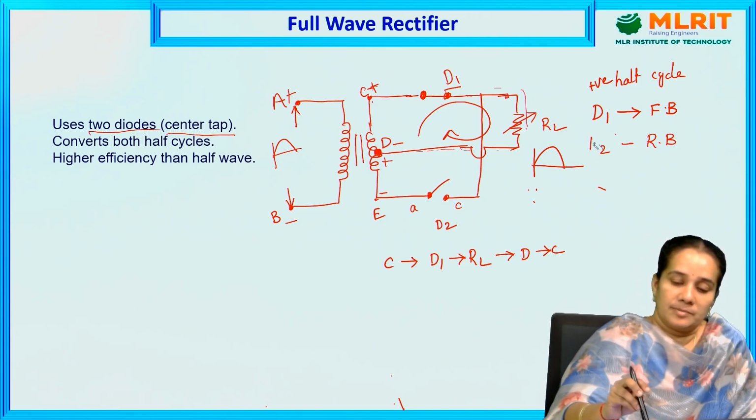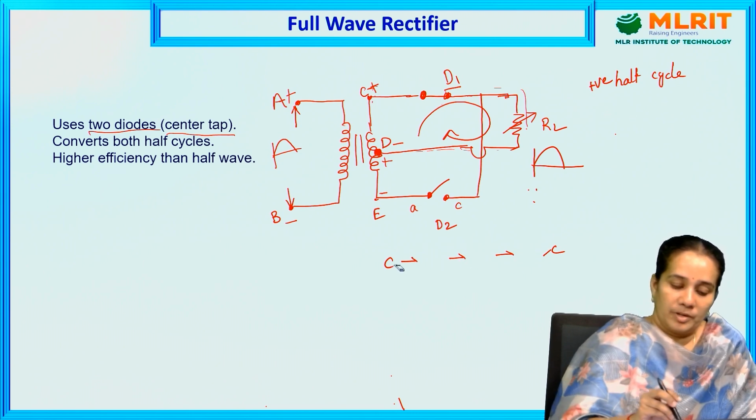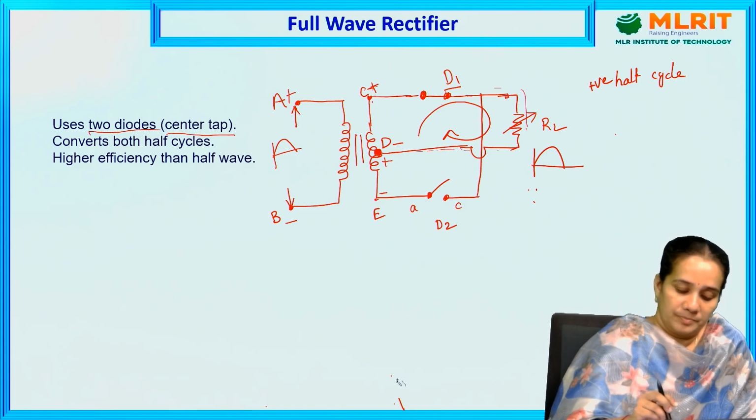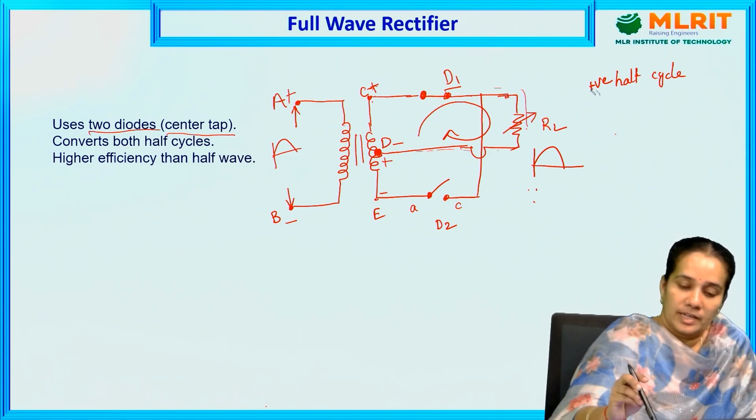And next, what is the next mode? Negative half cycle. So what is happening for the negative half cycle? For the negative half cycle, we are giving the negative voltages.